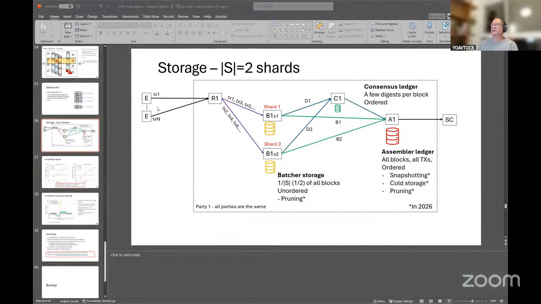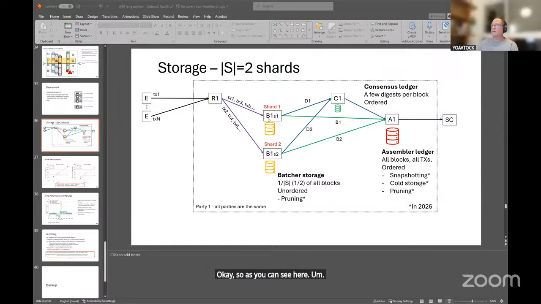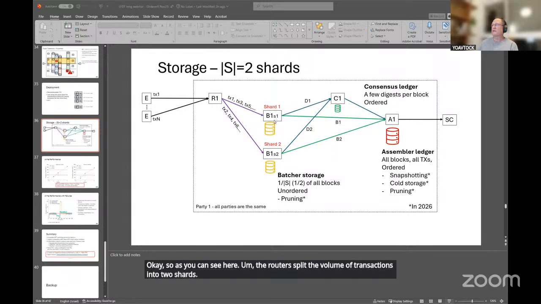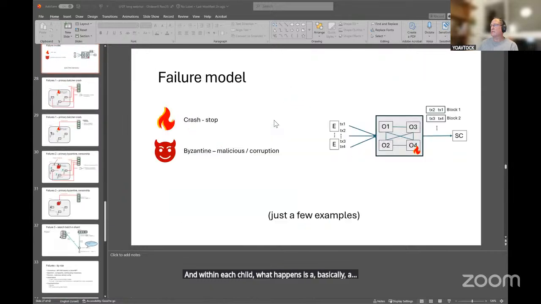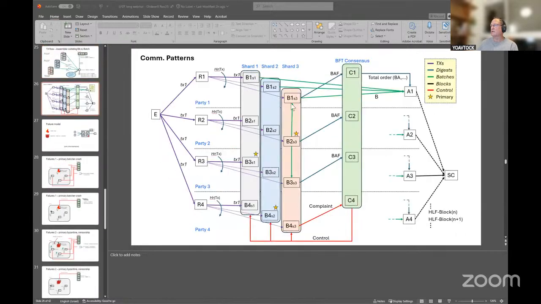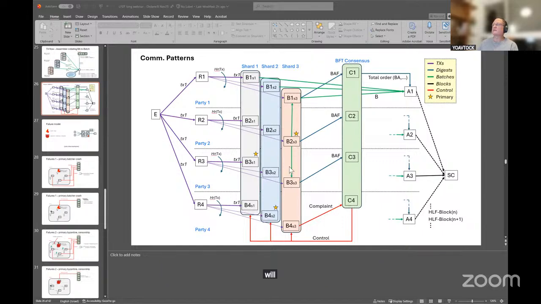So as you can see here, you see my screen, this slide? Yes. Okay, so as you can see here, the routers split the volume of transactions into two shards. And within each shard, what happens is basically a broadcast function. So the primary batcher will broadcast the full transactions into all the other batchers in the same shard. So this is a potential bottleneck.